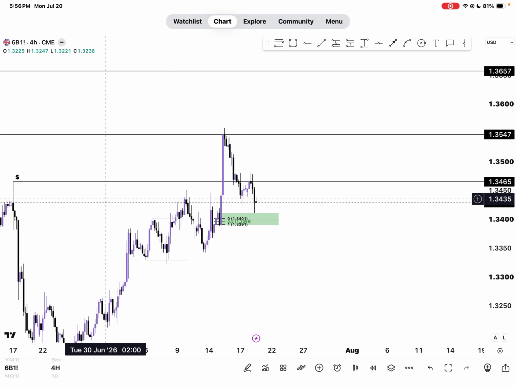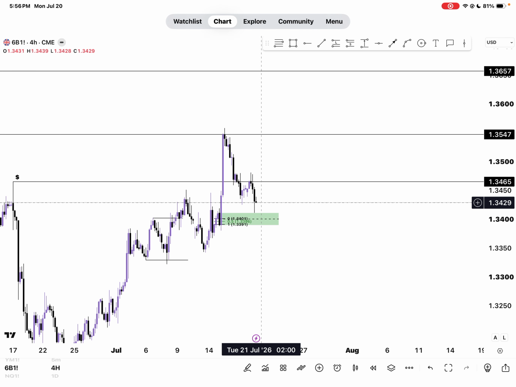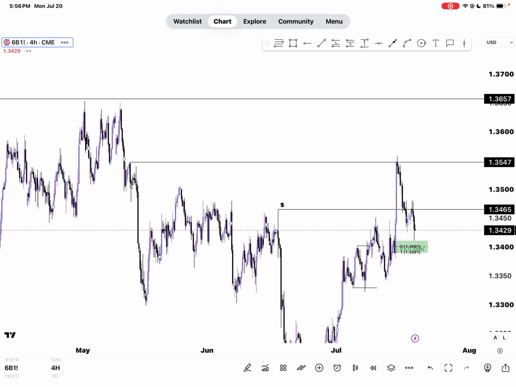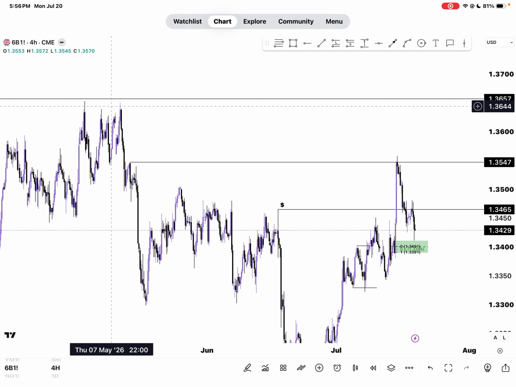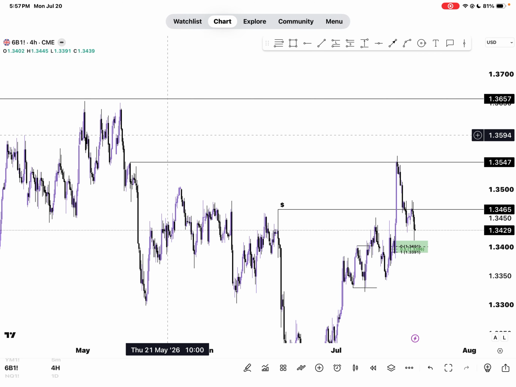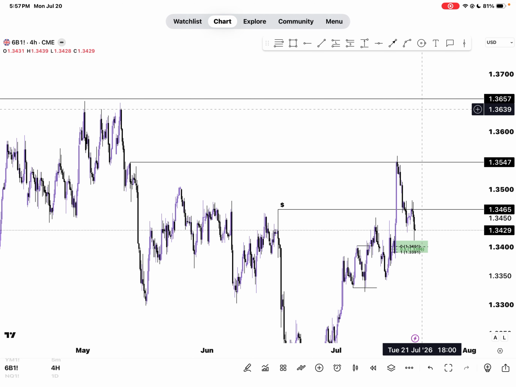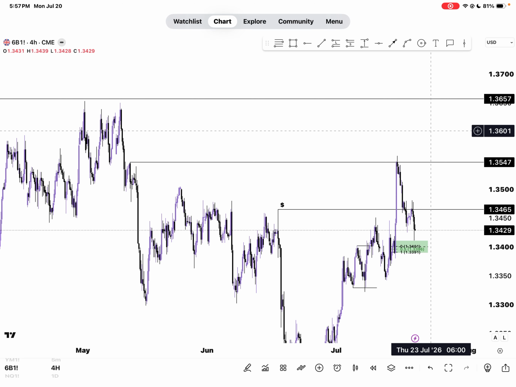If we do get the continuation of bullish price action, then obviously the target we're looking for is the next liquidity point, which is all the way up here. This is the last liquidity point before this liquidity point. So if this sustains, this will be the area of interest that sends us to that target, which would make sense and make for a banger trade.